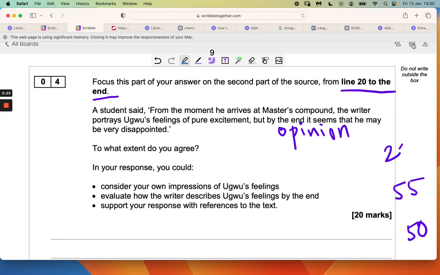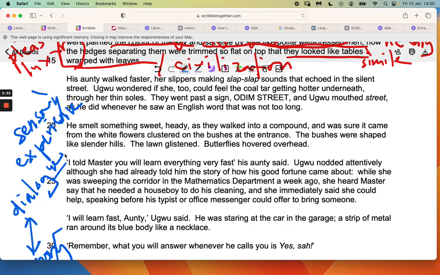Okay, so let's look at that. Line 20 is here, and they've been walking, his aunt is walking faster, and at the beginning of line 20, he's smelling something sweet and heady as they walked into the compound. So this is right when he comes into the compound. And sweet and heady connects to the sensory detail of how excited he is.